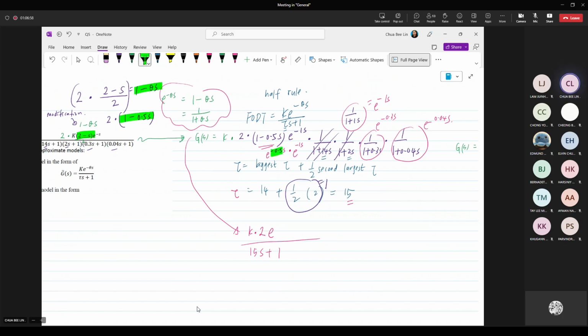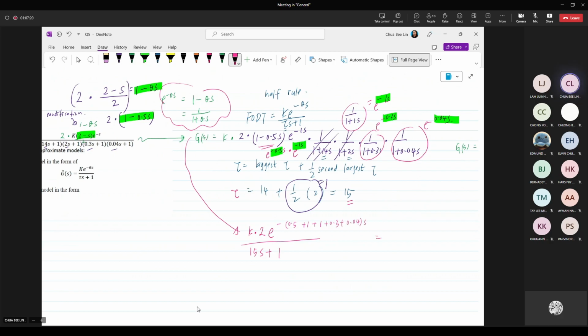Then you plus all of this together. Okay, this one, and this one. Then plus all of them together, you will get negative, then 0.5 plus 1 plus 1 plus 0.3 plus 0.04, and then s.